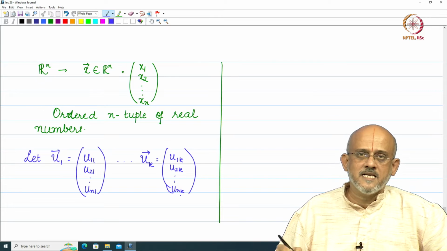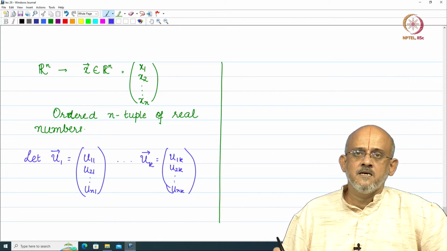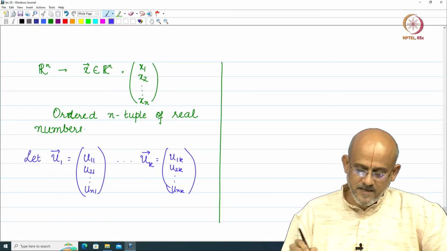These are all k vectors which are n dimensional, that means each vector has n components.